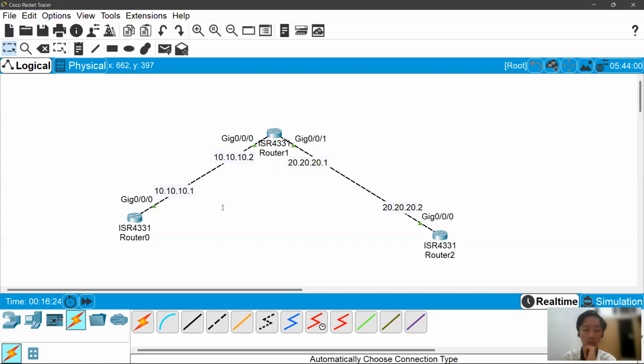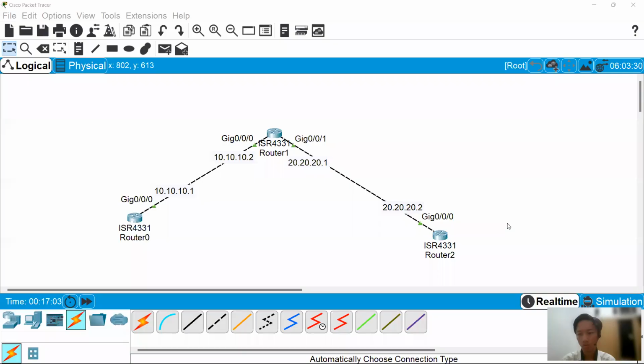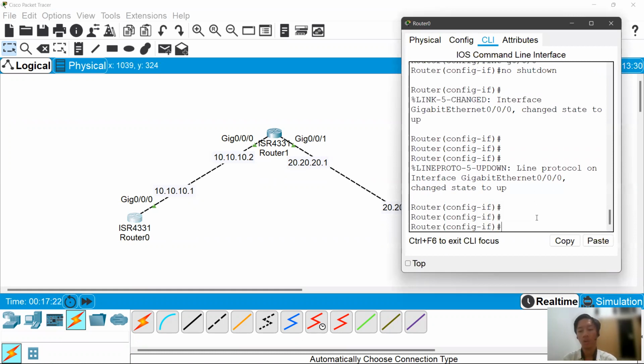If you want to use routing static, you must know what the network IPs are in the topology.